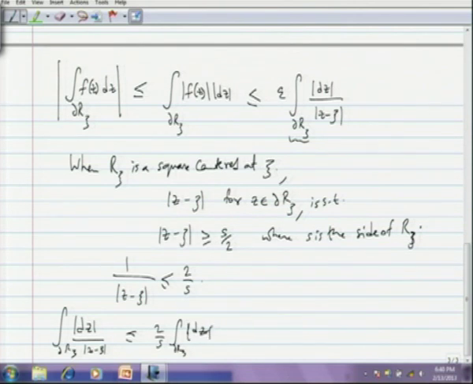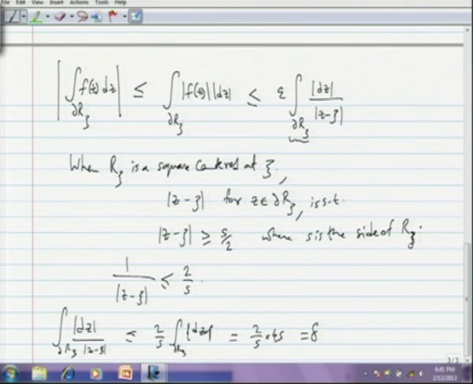modulus of dz, and that is nothing but the length of this curve, the boundary of R zeta, which is 2 by s times 4 s. So, this is 8, sorry, 8 rather.